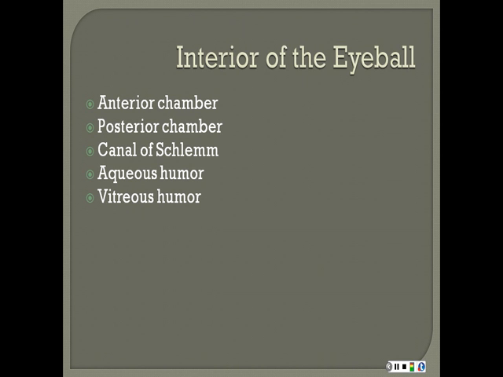The vitreous humor is also a fluid component of the vitreous body. Since the eyeball has very limited space, any types of small changes in volume of the aqueous humor can lead to a change in intraocular pressure, whether that's increased intraocular pressure or decreased intraocular pressure.